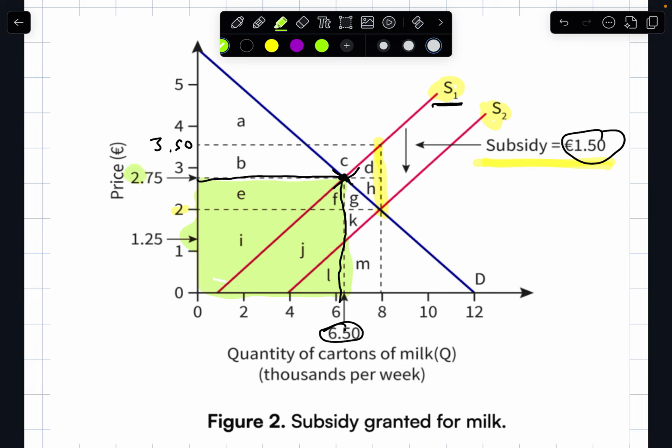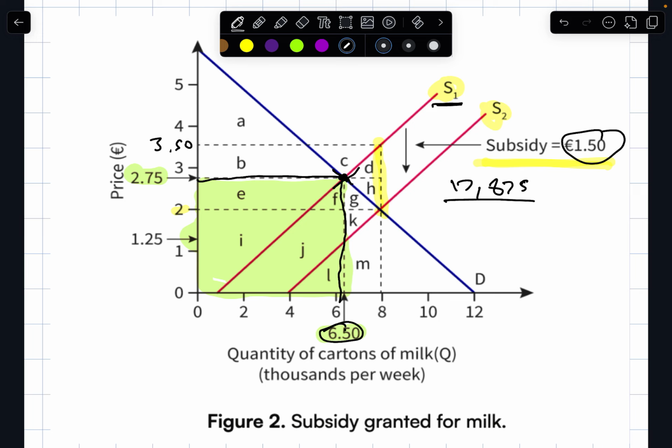All we've got to do is multiply 2.75 times 6,500. So let me just grab the calculator here. 6,500 times 2.75 equals 17,875. So that is what the consumers used to pay.